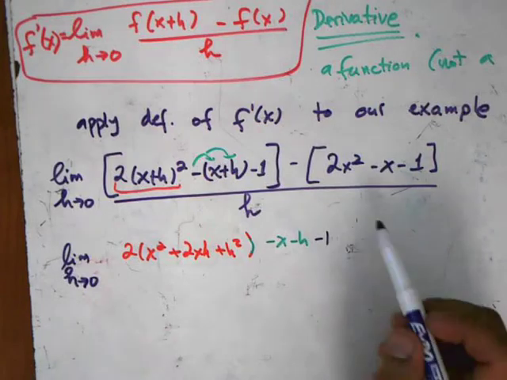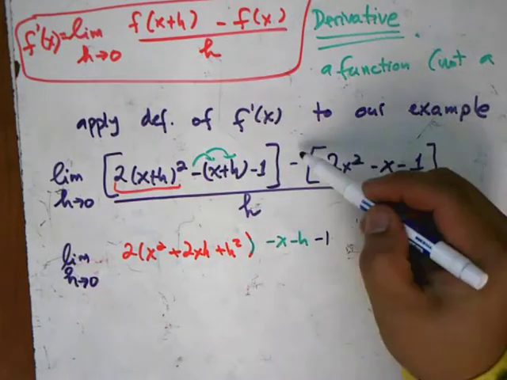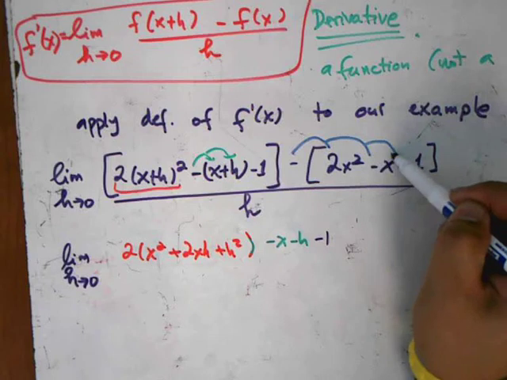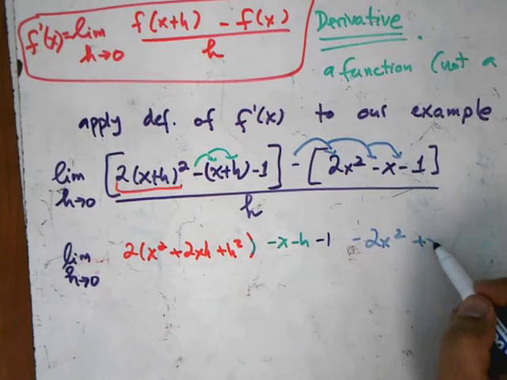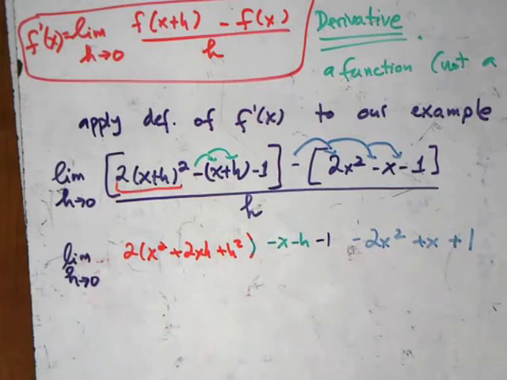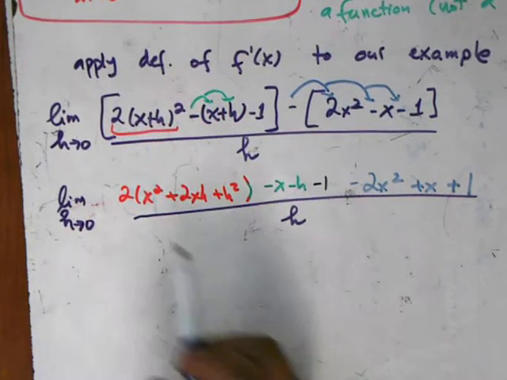minus 1. Then I will distribute this negative sign, minus 2x squared plus x plus 1. All of this is being divided by h. Distribute the 2.